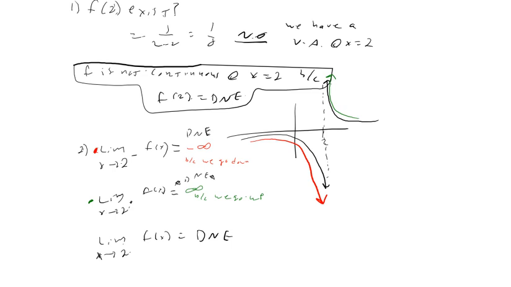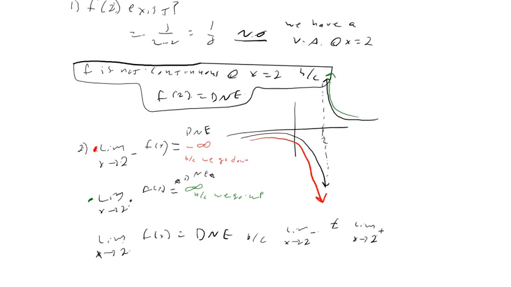Oh, it's positive infinity. But in reality, it doesn't exist. So the limit does not exist because the limit as x approaches 2 from the left does not equal the limit as x approaches 2 from the right. So the full limit, even that doesn't exist.